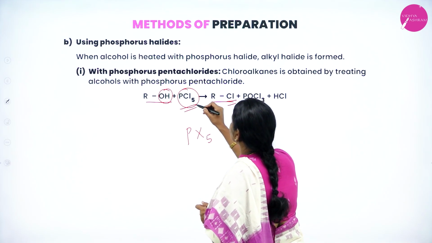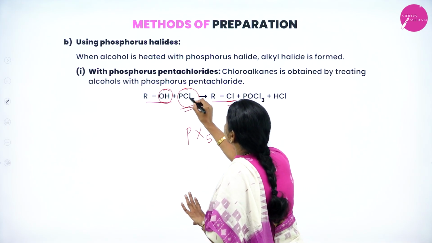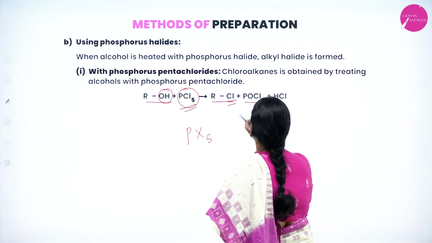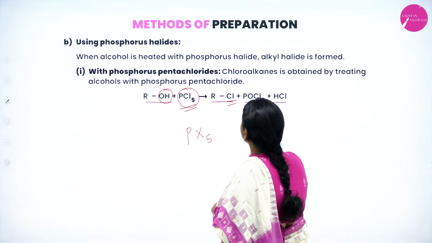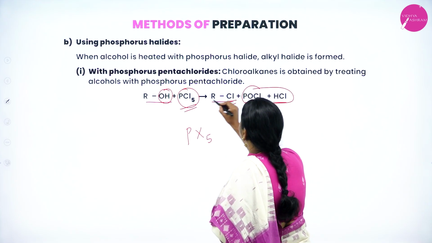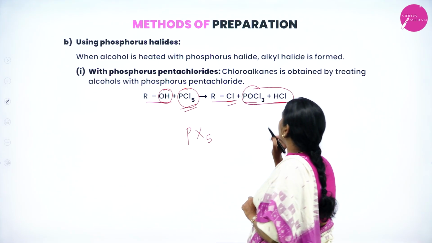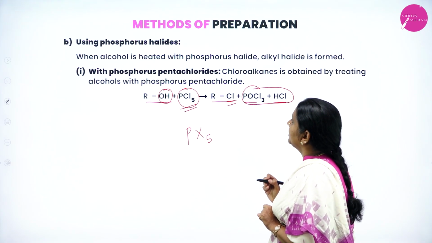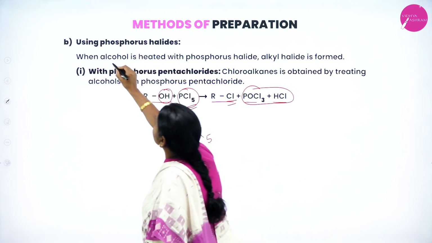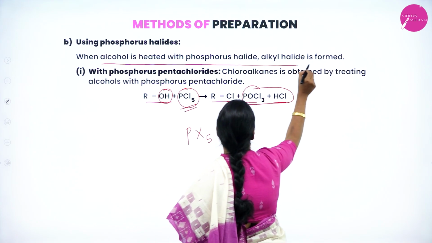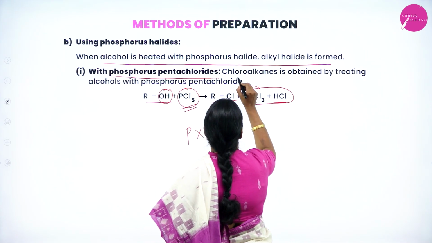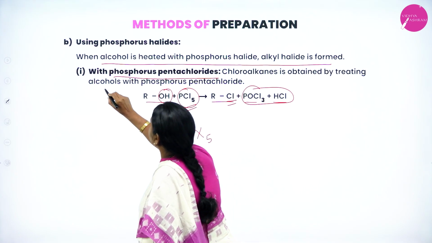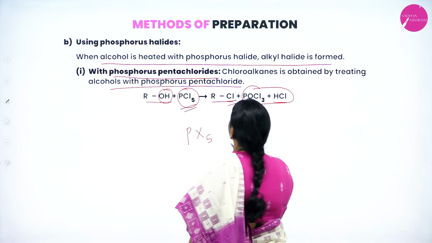Therefore, how many Cl are left? Four. In that, PCl4 takes O and forms POCl3. The rest is HCl. Therefore, the byproducts formed when you add PCl5 to alcohol are POCl3 plus HCl. Therefore, when alcohol is heated with phosphorus halide, alkyl halide is formed. Chloroalkane is obtained by treating alcohol with phosphorus pentachloride.